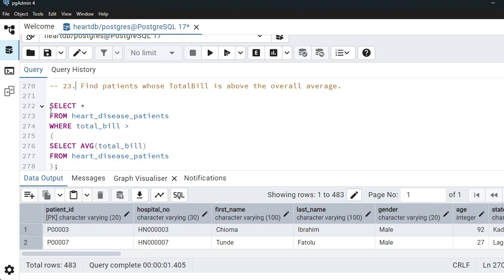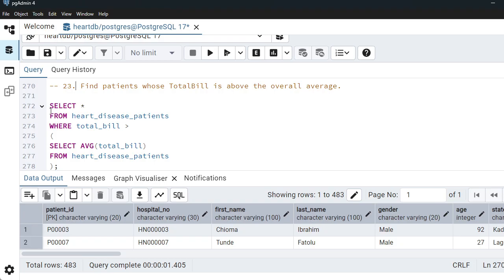It was actually giving me a little challenge, but I later discovered that if you want to run this, you just have to look at the heart disease patients, then where total bill is greater than this. You understand? You want to see their total bills first, and after that you find the average total bill, right? If the total bill is greater than the average, you are going to have your result.